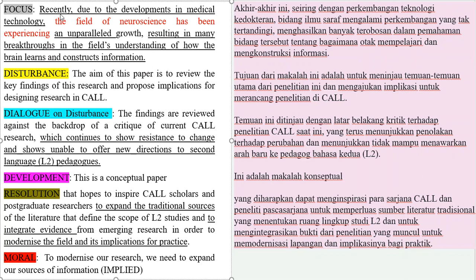And why is the author saying recently, due to developments in medical technology? Why do we have to have it recently? Why didn't we just say this? Because recently is another emotional word. It says, wow, this is all very hot, just recent.